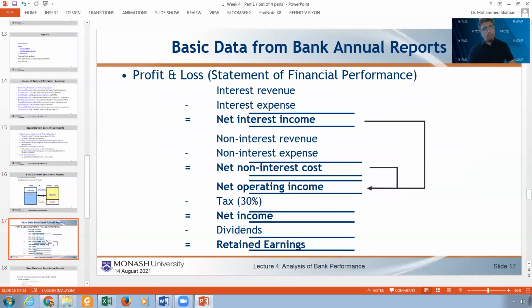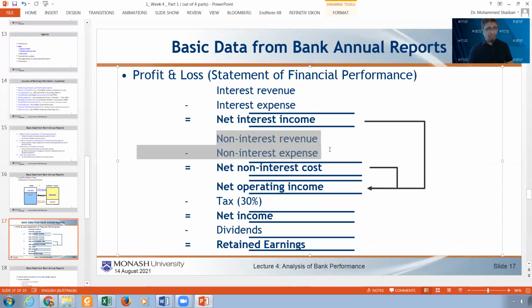If you look at what information is coming from the annual reports, look at the income statement, for example. We have interest income minus interest expenses. We get something called net interest income. Then we have the net non-interest revenues or expenses, which are other revenues coming from areas other than the main loan activities.